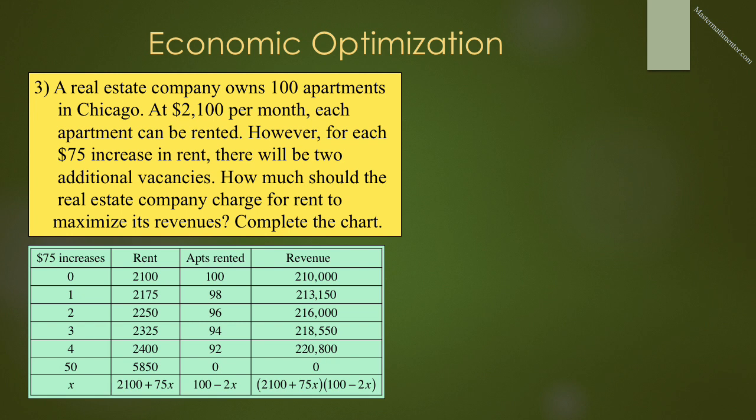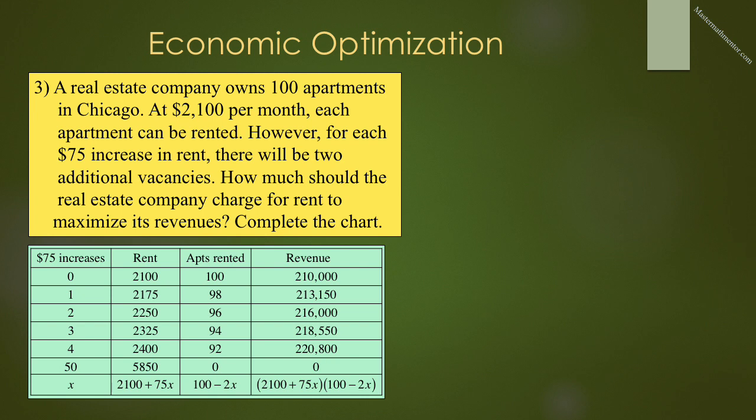$210,000. When we have one $75 increase, the rent goes up by $75 and we're up to $2,175, but they only rent 98 apartments. Still, the revenue is higher, $213,150.